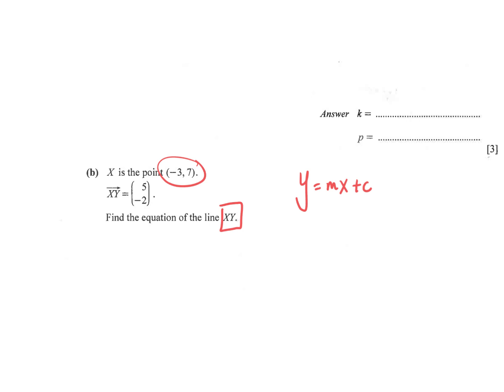So that means, if let's say this is your usual, let's say X is here. I'm moving 5 units to the, this direction is what? To the right. Okay, so 5 units to the right, and then in the Y direction, I'm moving downward by 2 units. So Y is over here, X is over here. Can you find gradient?